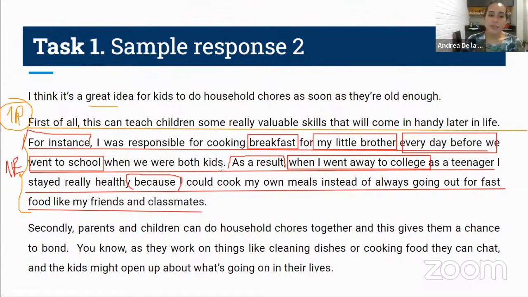Why is that? What are those details? Because he could have easily just said, for instance, my parents taught me to cook, and that was helpful later in life. That could be an example, right? But is that a detailed example? Is he presenting enough details? No, right? If he just said, for instance, I learned to cook when I was a kid, and that was really helpful, there are no details in there.